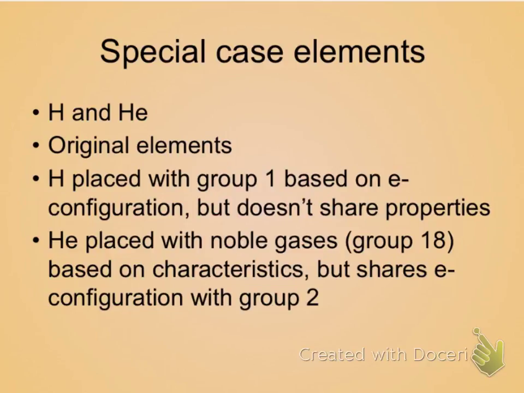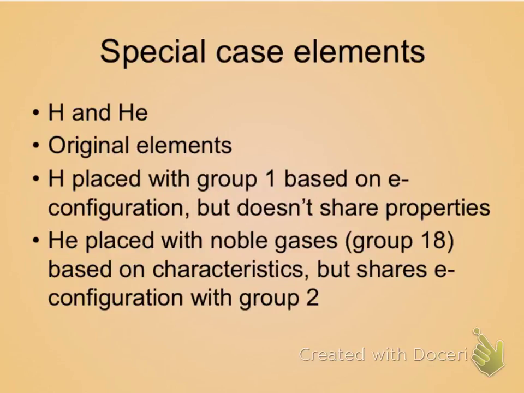What's interesting is that hydrogen is group 1 because it ends with s1, but it behaves like group 17, like a halogen, because it needs to gain one electron to be stable. Helium is in the noble gases, group 18, but it ends with s2, while everything else below it ends with p6.